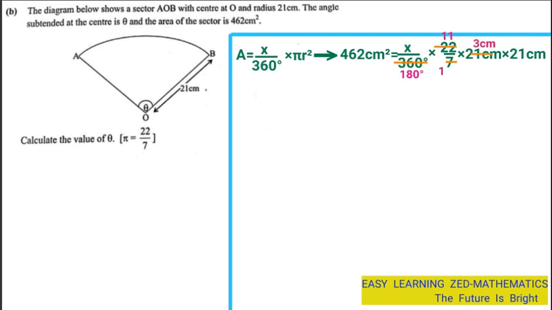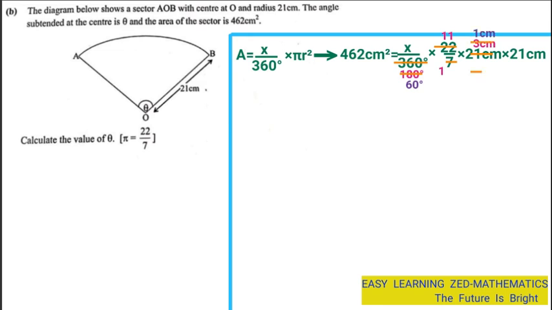Okay, then as you can see, 3 can also go into 180. So I'm going to divide 180 by 3, will give me 60 degrees. 3 centimeter divided by 3 will give me 1 centimeter.